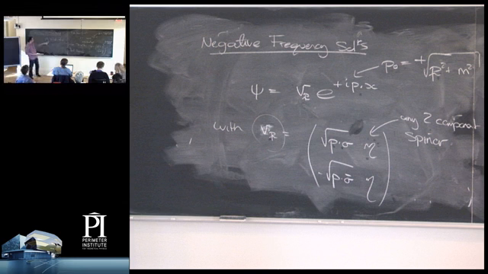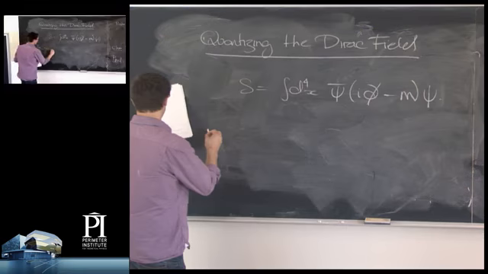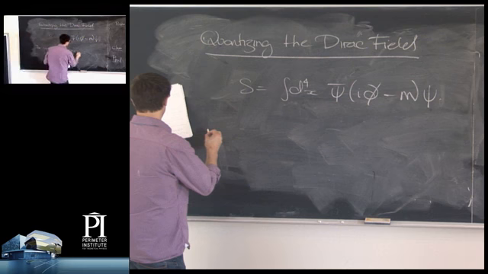The first thing to do is just think of this as a classical theory and figure out what the momentum is that's conjugate to psi. So the momentum is defined by the derivative of the Lagrangian with respect to psi dot.